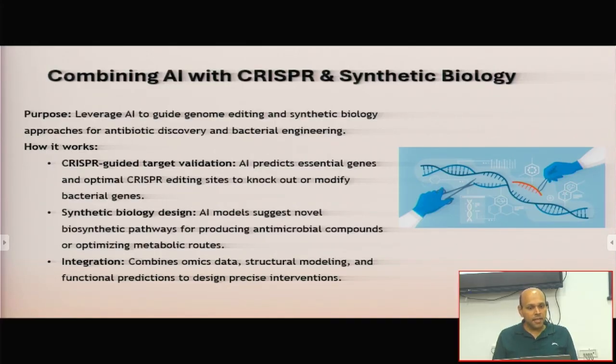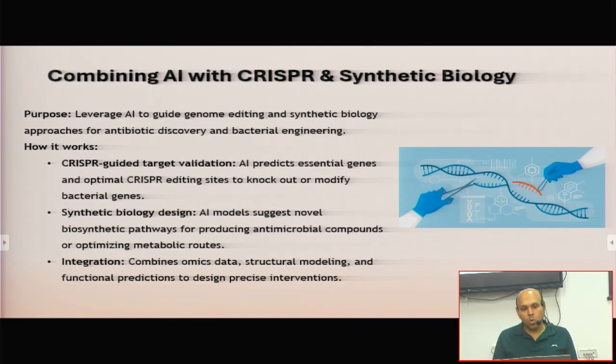Synthetic biology design: AI models suggest novel pathways for producing antimicrobial compounds or optimizing metabolic routes. So, in certain bacteria, you will know that there are certain biosynthetic pathways. There are lipopeptides, there are different clusters in bacteria, and these clusters can be used for the production of new compounds as well. So you need to know what the biosynthetic pathway is basically, or how the drug can be extracted. So synthetic biology is very important over there.